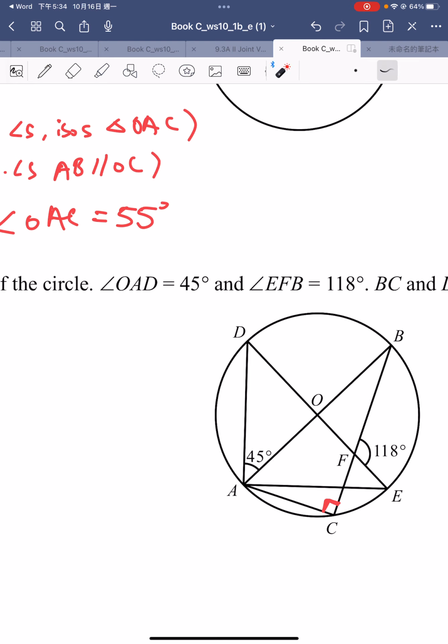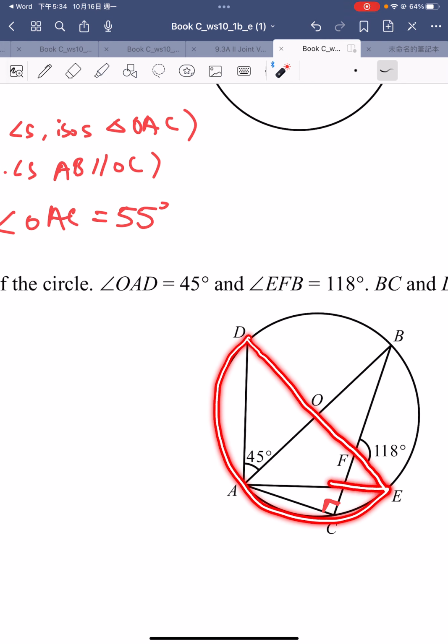And if we look at the diameter DOE and the semicircle here, is there a point that is linked to D and E? You can see E is linked to the point A, and D is linked to A as well, and this point A is on the circumference, so this angle is going to be 90 degrees as well.